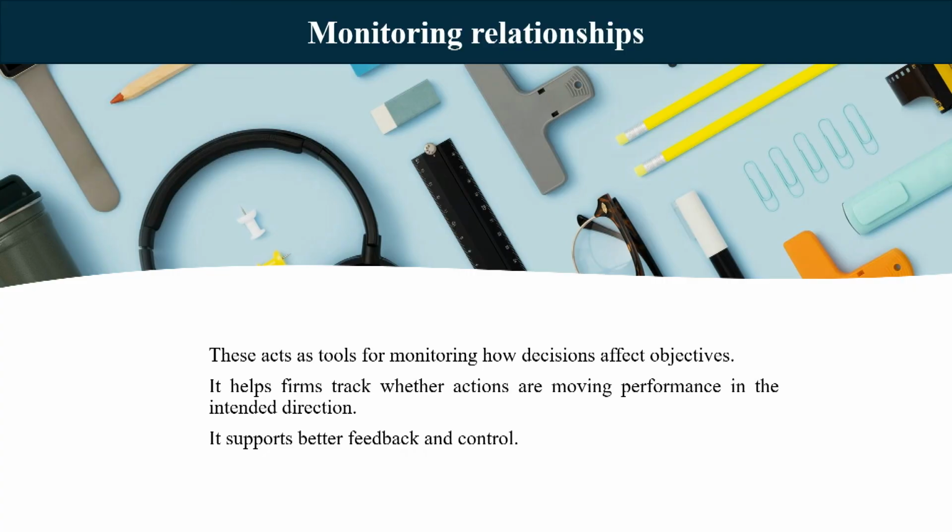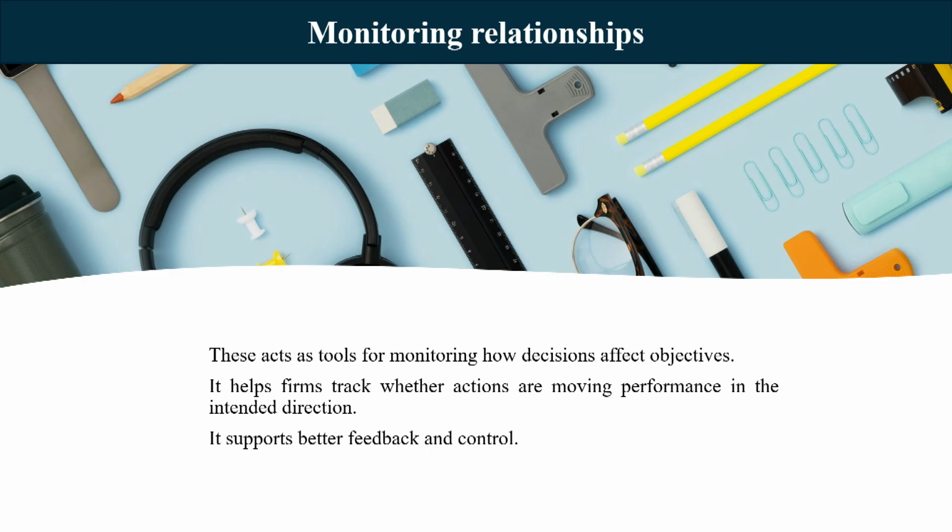Fine. Now, let us look into monitoring relationships. These models act as tools for monitoring how decisions affect the objectives. The moment I increase my marketing budget, is it going to create more awareness or not? We can monitor that phenomenon.